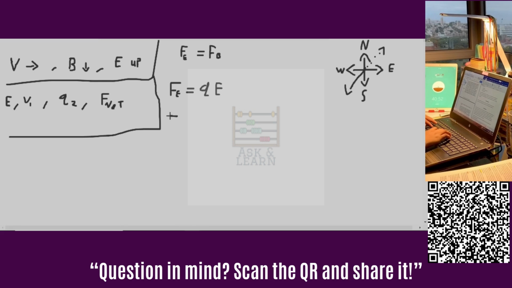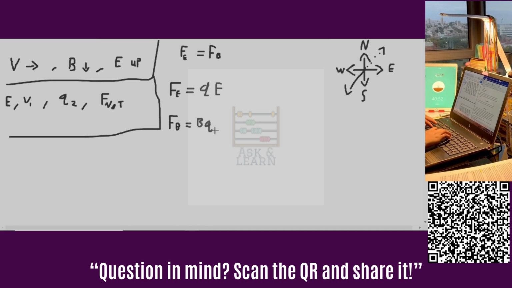And we know F sub B is equal to the magnetic field times charge. And you can write these in any order.